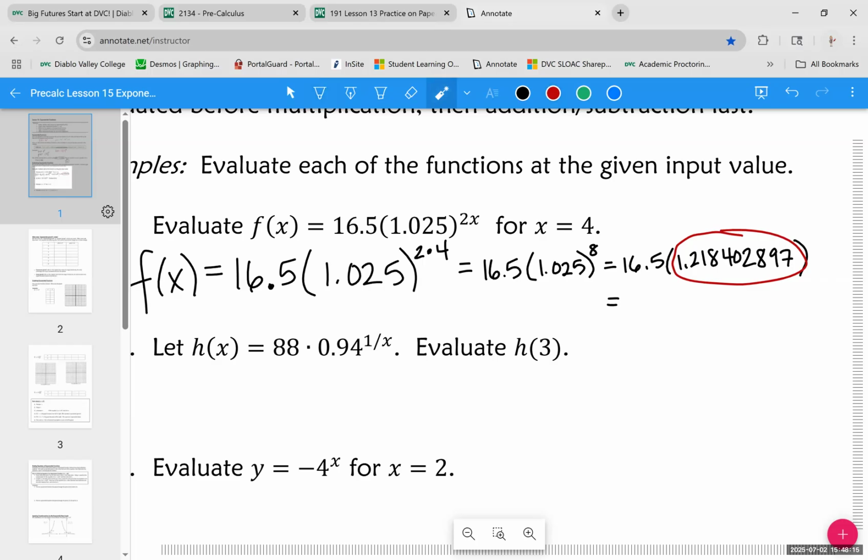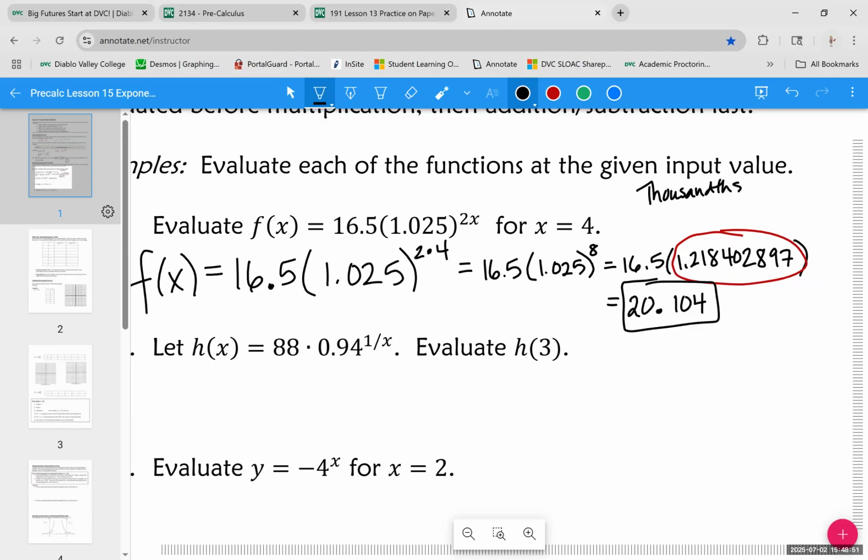Just do this in your calculator and then immediately hit times 16.5. I'm doing that now, and I have 20.103647, right? So let's say I said round to the nearest thousandth, 3 decimal places. So 20.103647 would round to 20.104. And that would be my rounded answer.